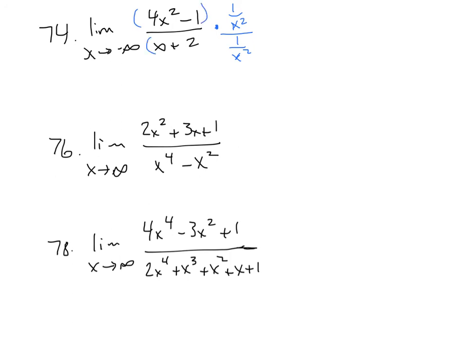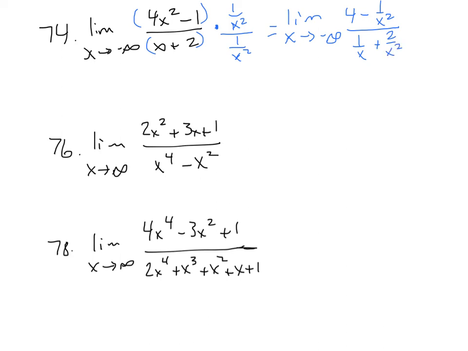Okay, so let's go ahead and do that. And you'll see that on top, I end up with a new limit, where x is going to negative infinity still. I end up with 4 minus 1 over x squared over 1 over x plus 2 over x squared.